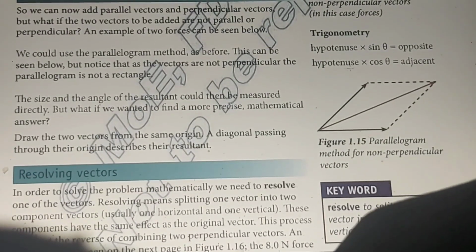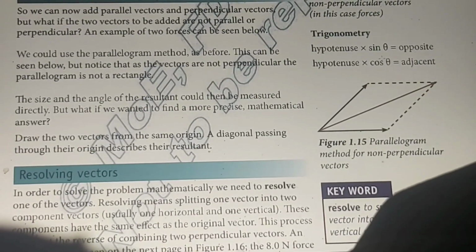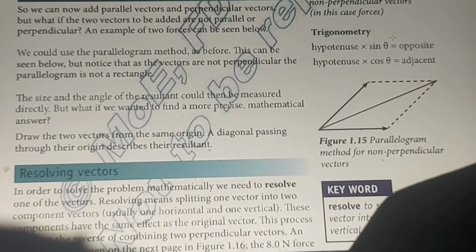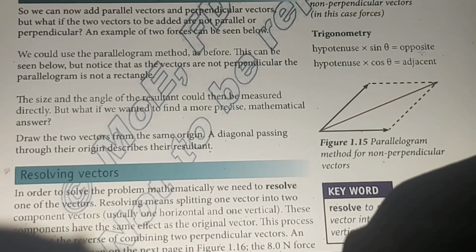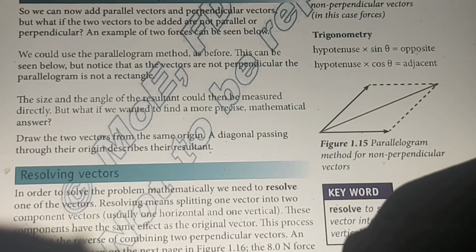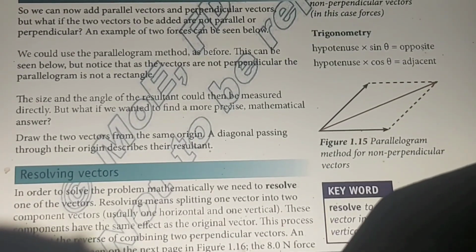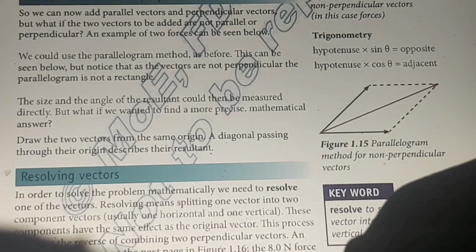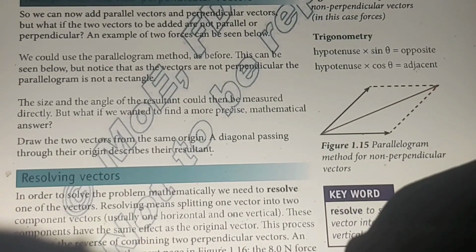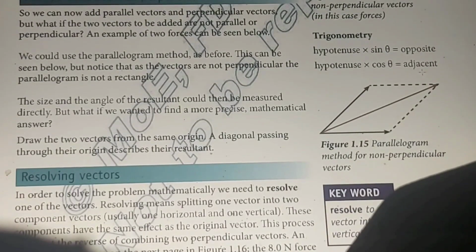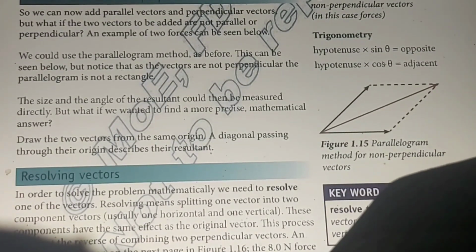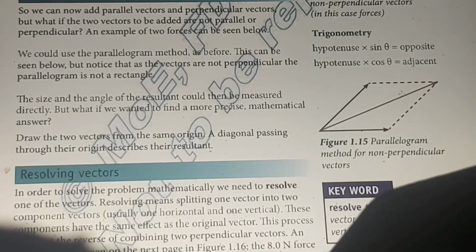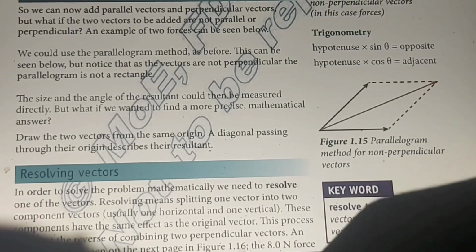We call it the sides from the sine and the cos rule. Sine theta equals opposite over hypotenuse, and cos theta equals adjacent over hypotenuse. By cross-multiplying, we can have the adjacent and opposite of the needed vector.